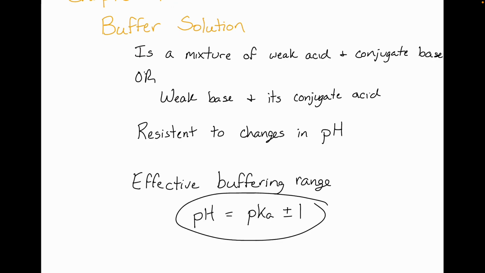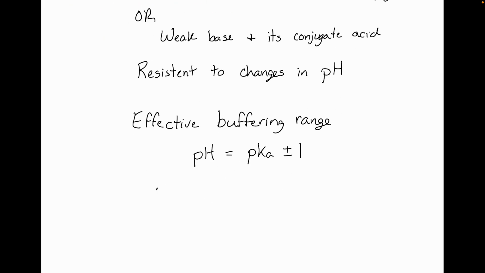Okay, and that means it's most effective. Again, by effective, I mean at resisting changes to pH, when the pH of the solution is equal to that pKa. All right, that's when a buffer is going to be most effective at resisting any sort of changes to pH.